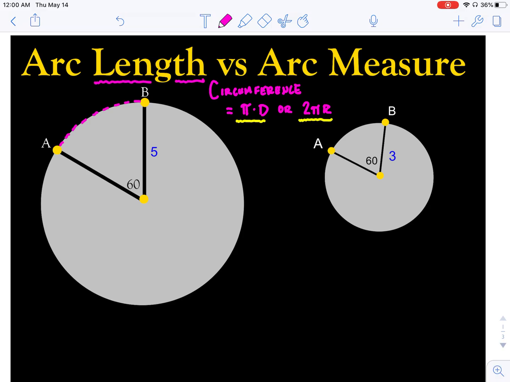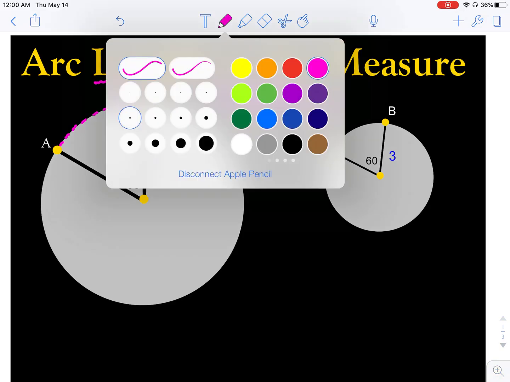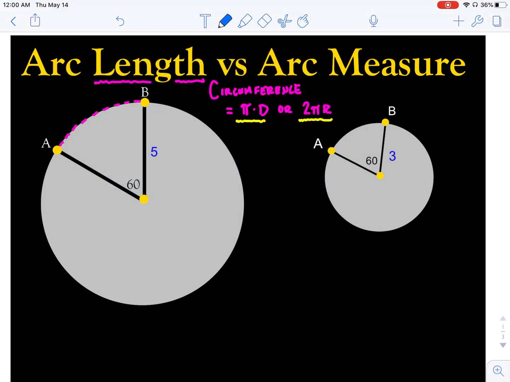Okay, and to determine that, you need to know what portion of the circle we're dealing with. So that's where the arc measure comes in. The arc measure is going to tell us what portion of the circle, or what portion of the circumference, we want to calculate.